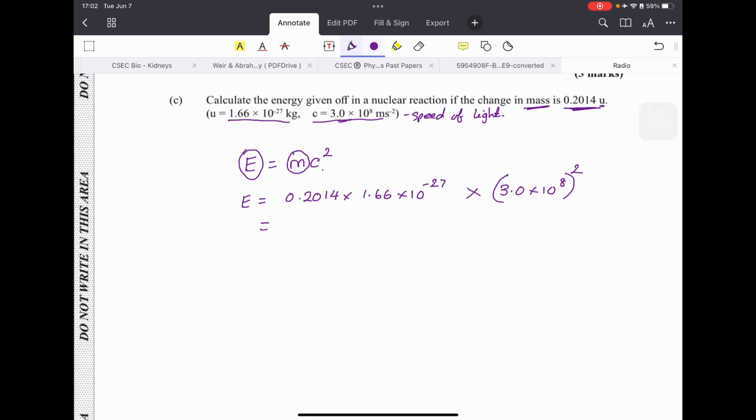Okay, so 0.2014 multiplied by 1.66 by 10 to the minus 27, and I have a value for that. Right, but I'll keep that in my calculator, because now I'm going to multiply that answer by 3 by 10 to the 8, all squared, okay?